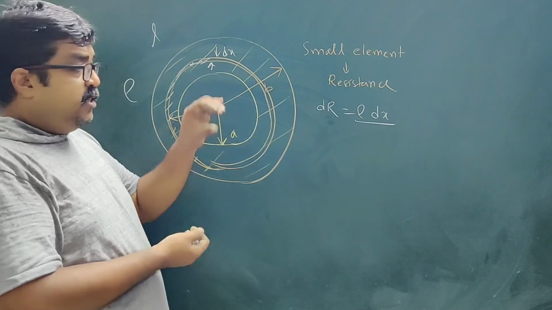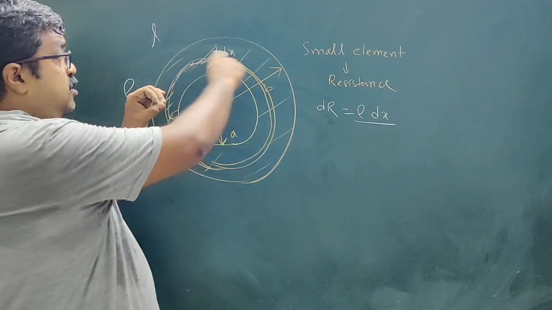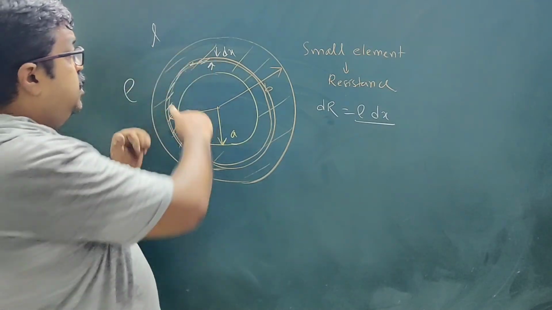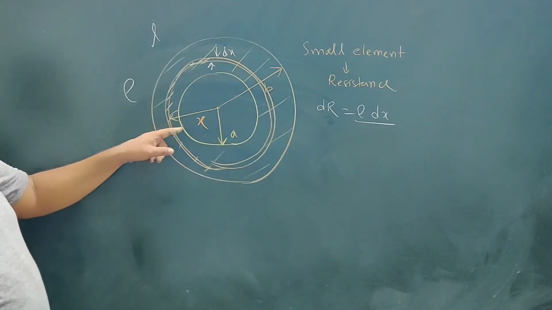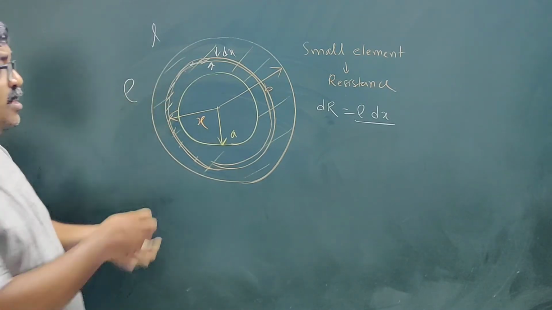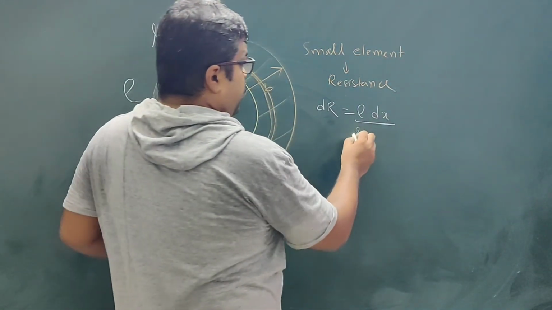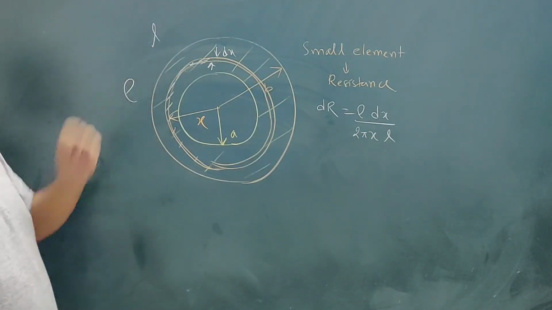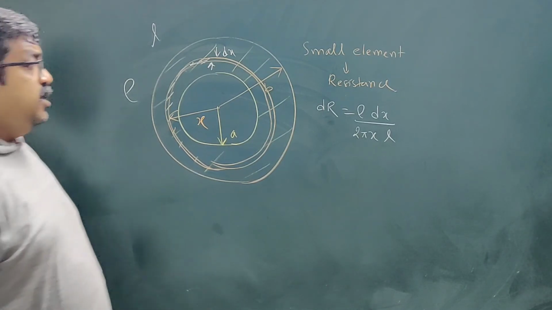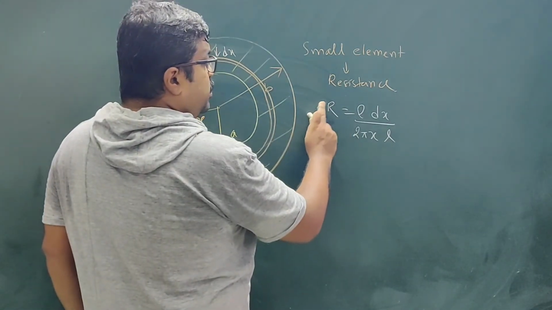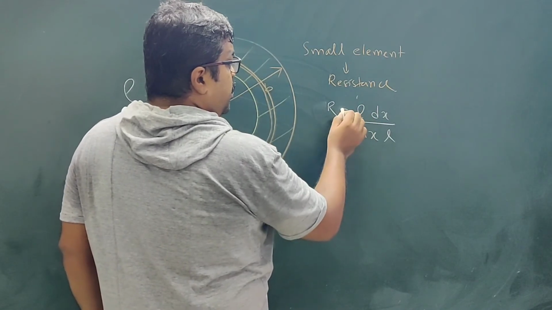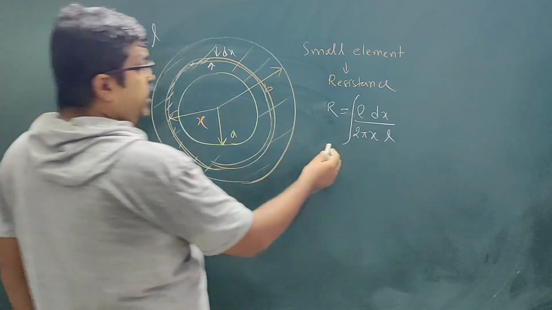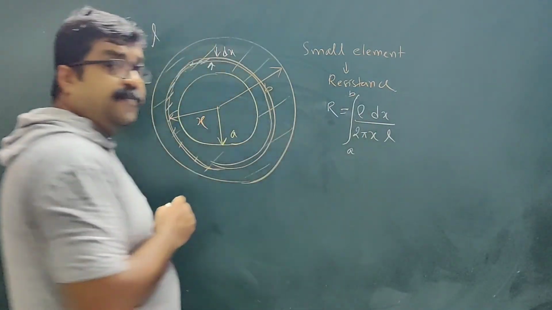The area means this entire cylindrical area. The circumference is 2 pi x, length is L, so area will be 2 pi x L, where L is the length of the cylinder. Correct? So the total resistance will be obtained by integrating this expression from inner radius A to outer radius B.